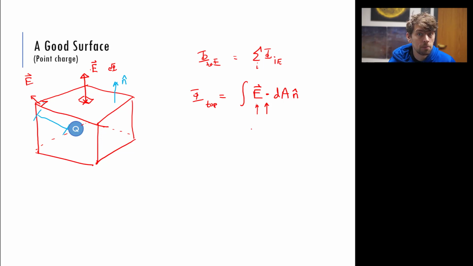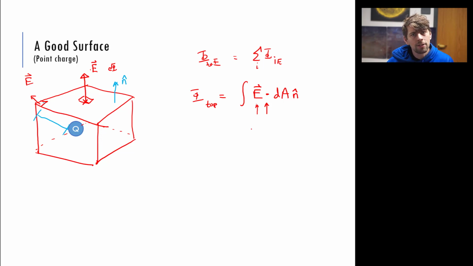It's not impossible. I think you would be able to actually do all of the calculations, but there's a better choice. Notice the choice of a box keeps n hat in the same direction, but then the magnitude of E and the direction of the electric field changes constantly.